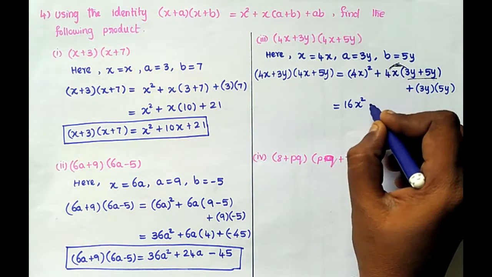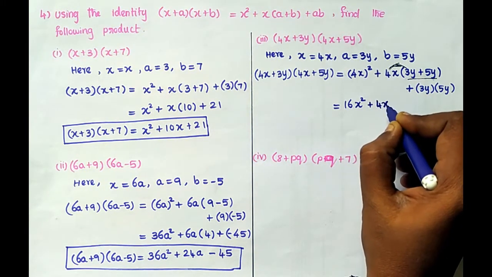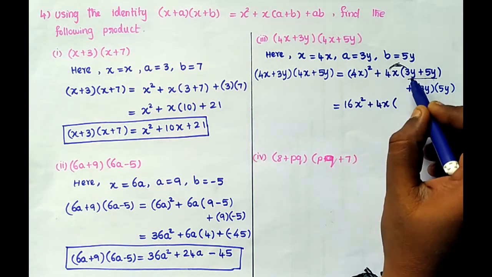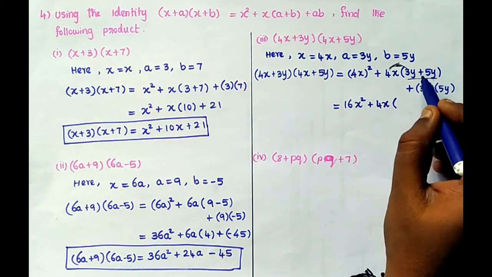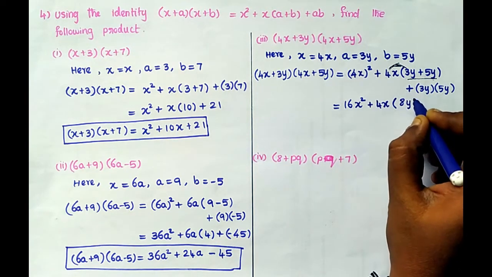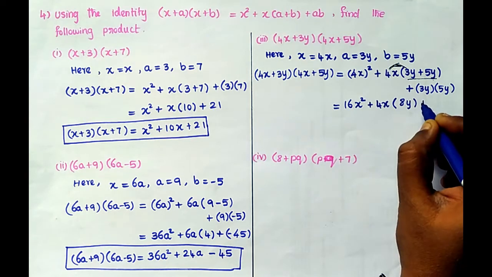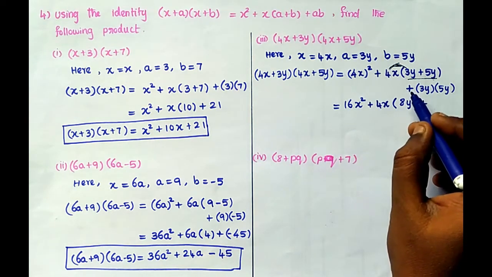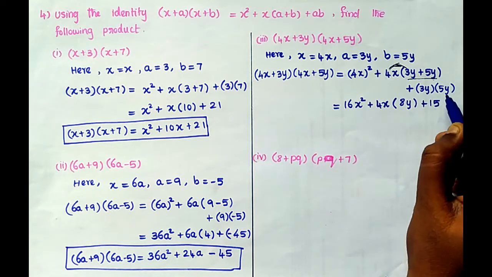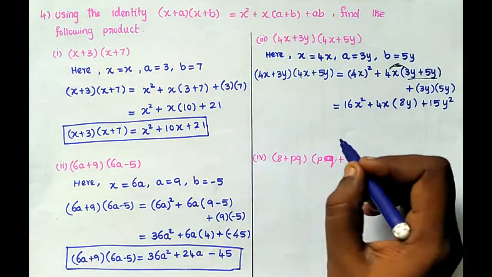So listen, plus 4x into, here the terms are same, y terms only, so add these terms means we get 8y, plus 3 into 5, 15, y into y, y squared.